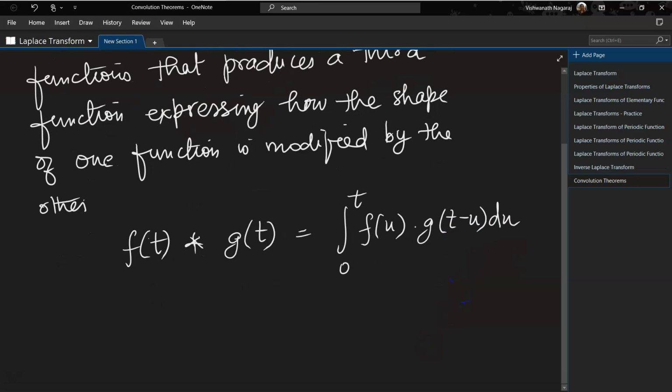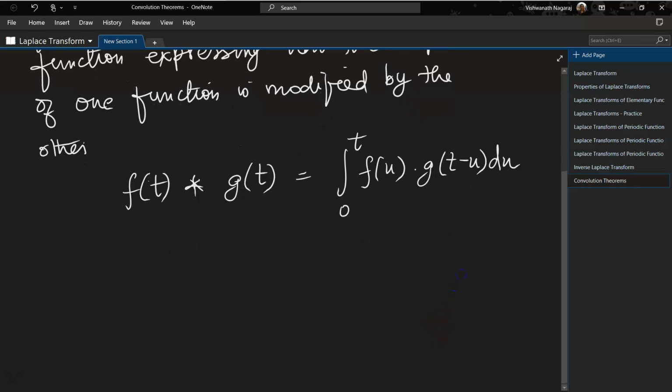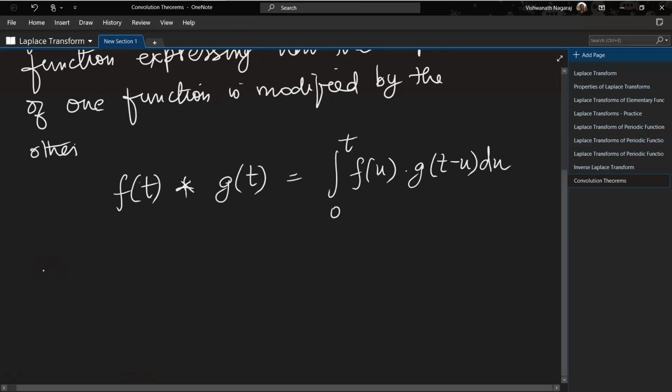By the way, the term convolution is used both for the process involved in arriving at it and for the result as well. Now based on this, let's look at some theorems.